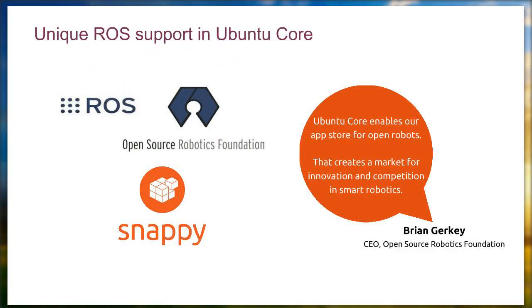So in terms of ROS support in Ubuntu, we have a quote here from Brian, who's the CEO of the Open Source Robotics Foundation. I'm sure everybody here is familiar with him, so he needs no introduction. But really, Ubuntu Core enables app stores for open robots and really creates a marketplace that people can innovate and compete for.